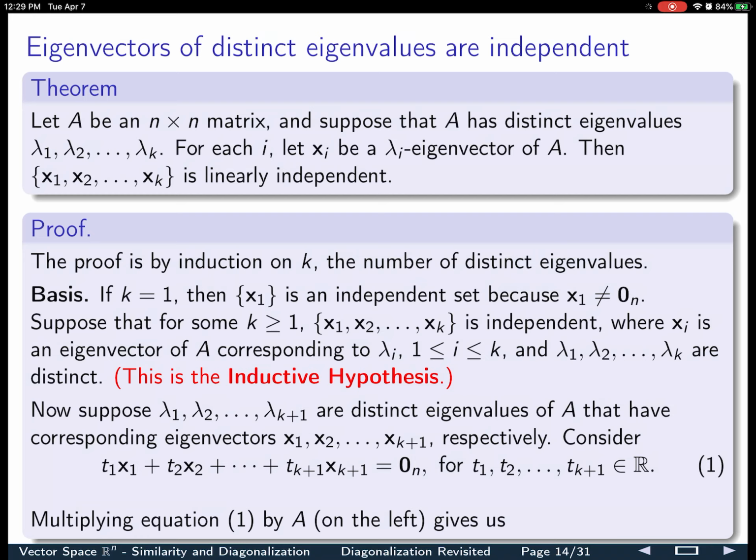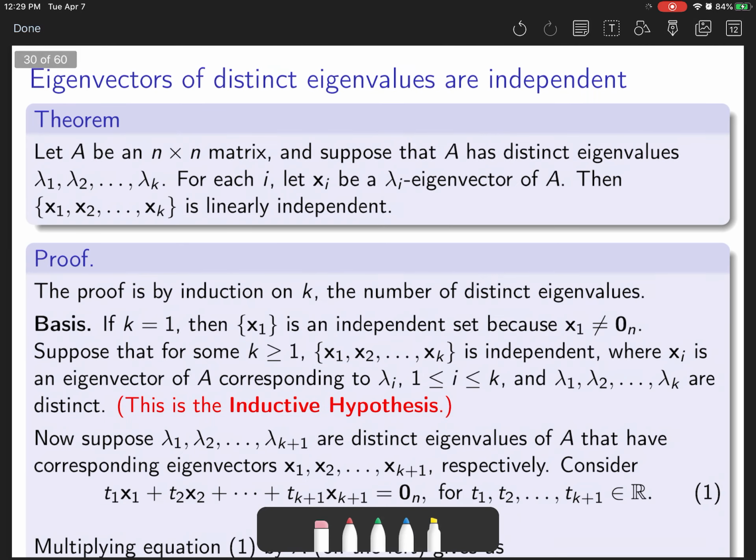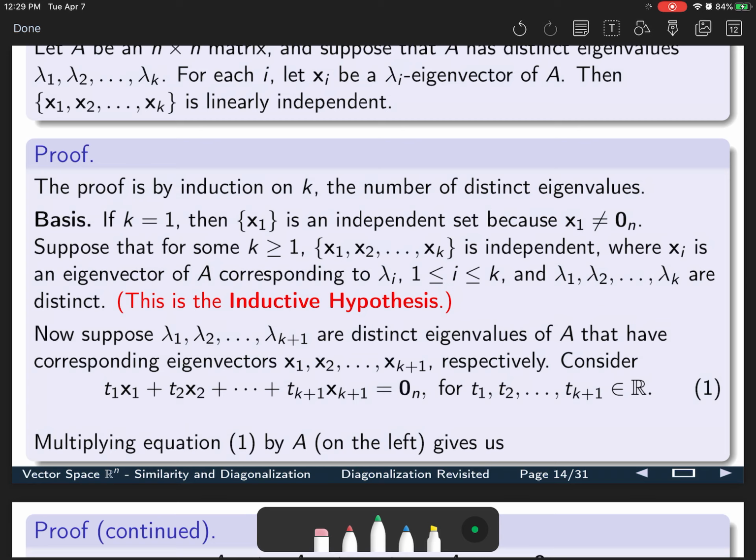And then we make the inductive hypothesis here. Using the definition of linear independence, we're setting it up so we're weighting all of the eigenvectors by some value t1 through t(k+1).